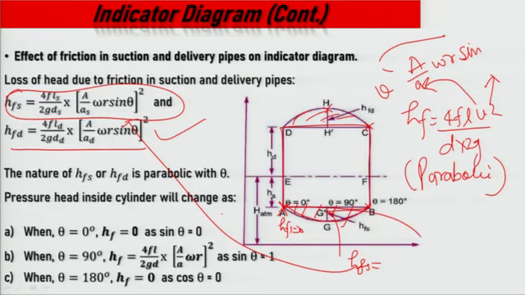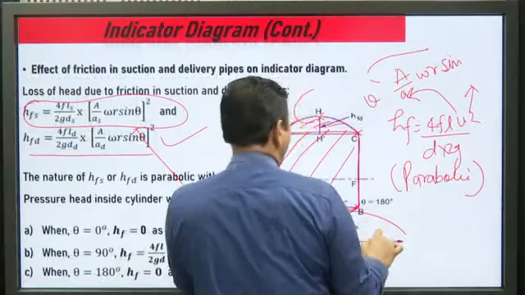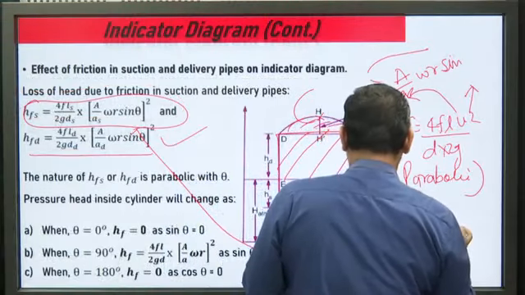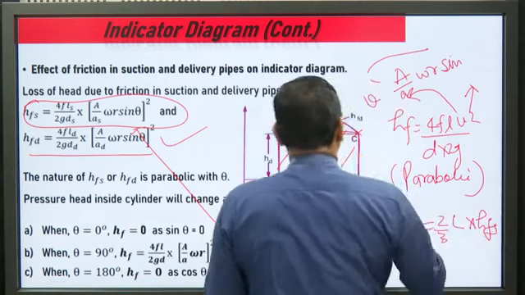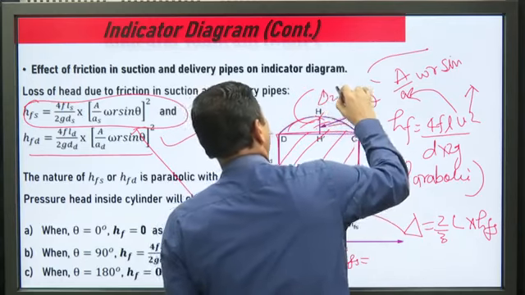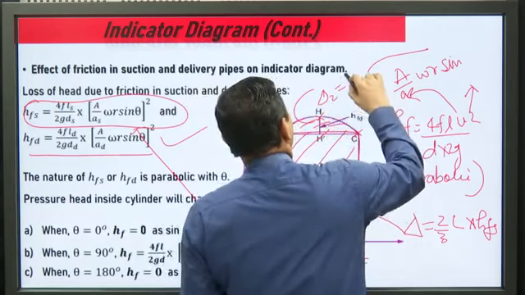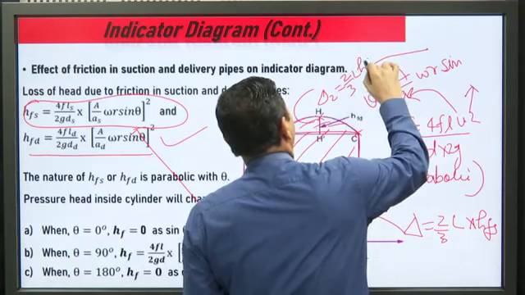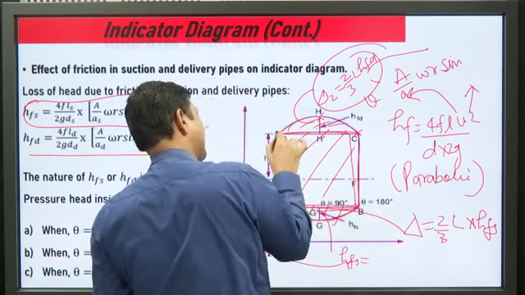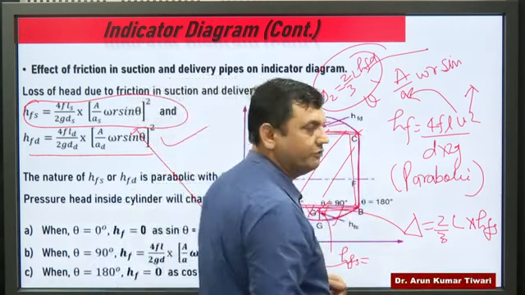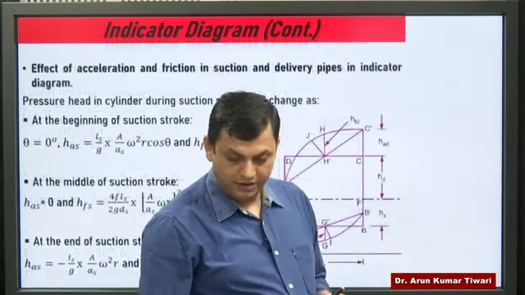This means we are introducing two more areas. The additional area, delta 1, equals 2 by 3 L into HFS. This area, delta 2, is the parabola area, 2 by 3 length into HFD. So for the work done, we add both parabola areas, and we get the work done by the reciprocating pump.